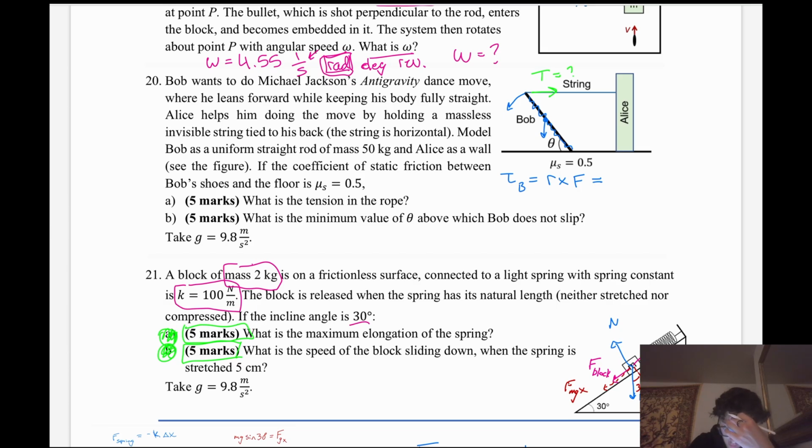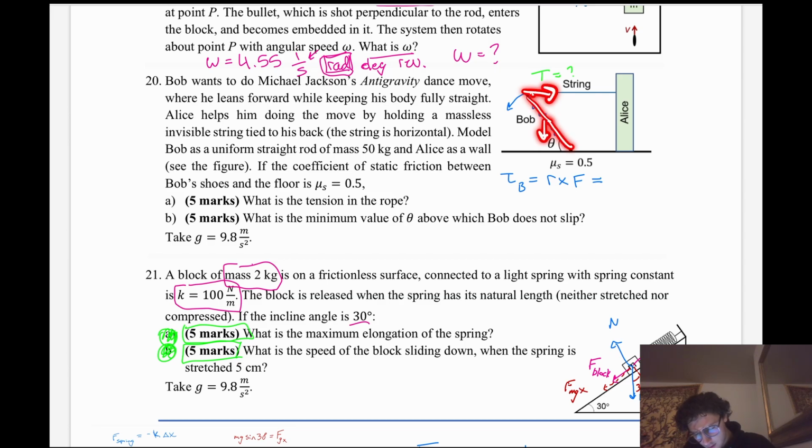This is not a torque problem because we don't have R. Oh man, I thought this was a torque problem because we have one torque which is pulling this way, and then another torque which is pulling this way.